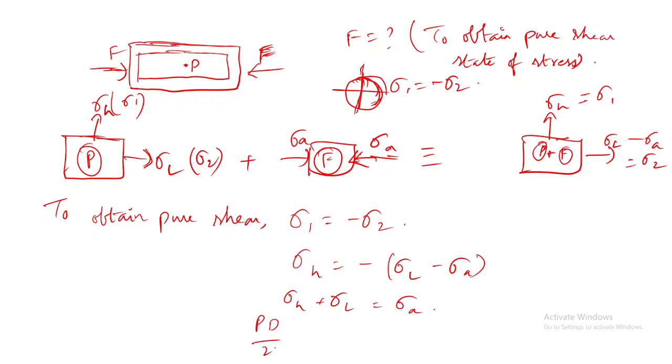PD by 2t plus PD by 4t equals sigma A, which is nothing but F divided by, what is the area here which I have to take? As it is pi d t. Good, pi d t. So based on this, I will be getting the final value of F. What is the final value of F?